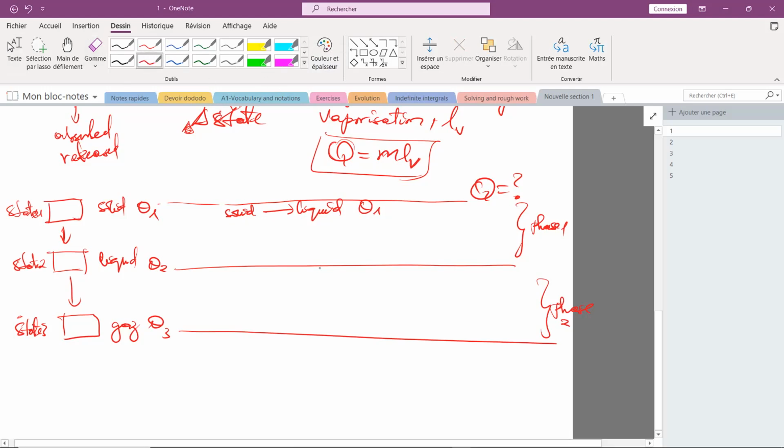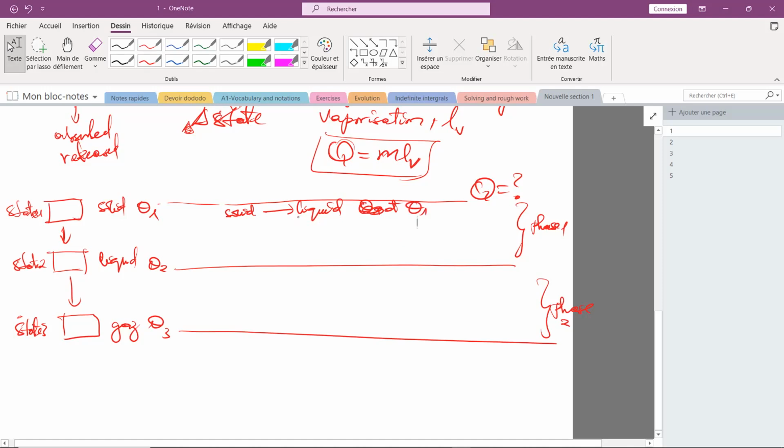As I said, whenever heat is added to this system, the ice or the solid or the substance will first leave the solid state to the liquid state at the same temperature. Understand the process I'm explaining. It will first leave the solid state to the liquid state at the same temperature, theta 1.